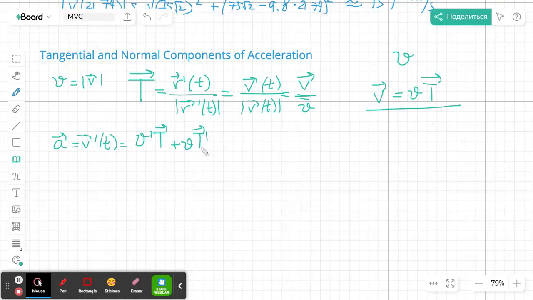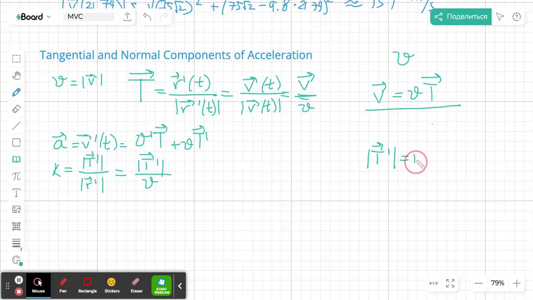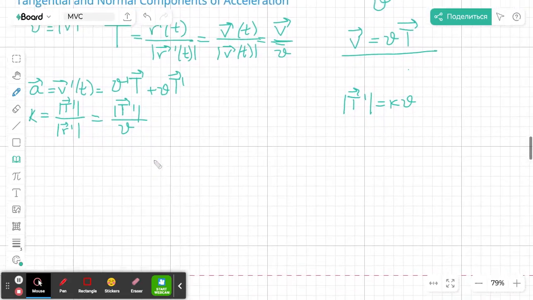And then if we use the expression for the curvature that we had before, then we can say that kappa is magnitude of T prime over magnitude of r prime, which is magnitude of T prime over upsilon. And that means, I'm going to put it here on the side as well, that magnitude of T prime is going to be kappa upsilon, from this equation. Okay, moving on.